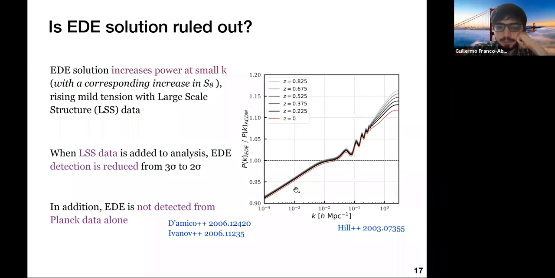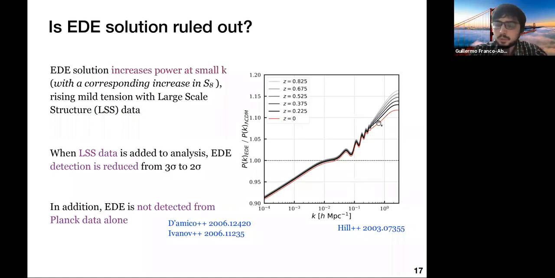This is a very good question. First of all, the CMB measures roughly after 0.1 inverse megaparsec, and the values important for computing S8 are between 0.1 and 1 inverse megaparsec. I should have highlighted this. In precisely this interval, early dark energy leads to an enhancement in the power spectrum with respect to ΛCDM.